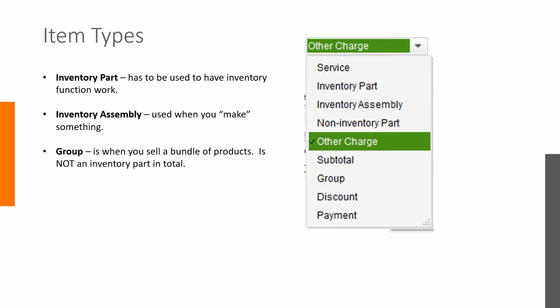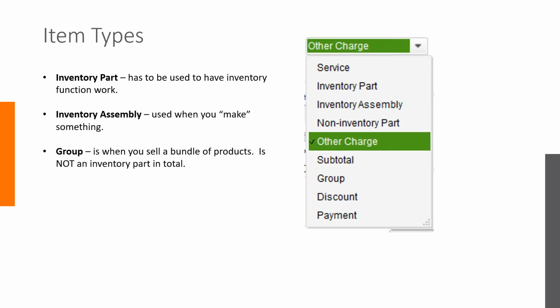I might just happen to sell them together at maybe a slightly discounted price. The cup holder and the cushion each come out of inventory when the group is sold. Nothing goes back into inventory as like an assembly does, and you don't have to pre-build groups. So I just want to make it very clear about that.